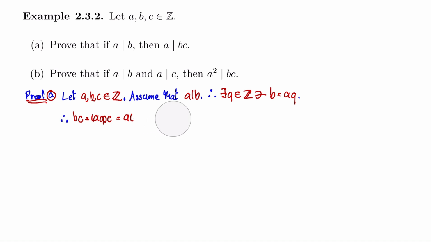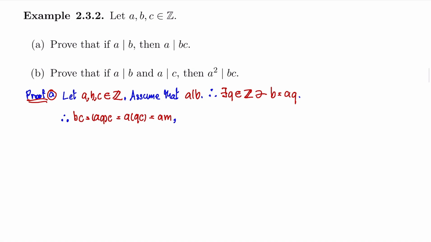Okay, we might write A times M, okay? Where M is QC. As you can see, BC equals A times M, and M is an integer, and M, which is QC, is an integer.